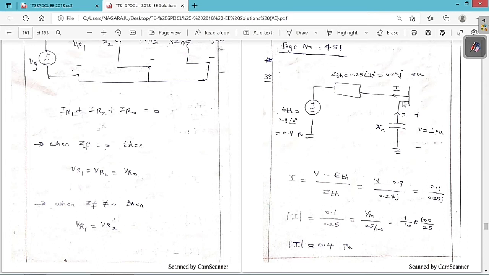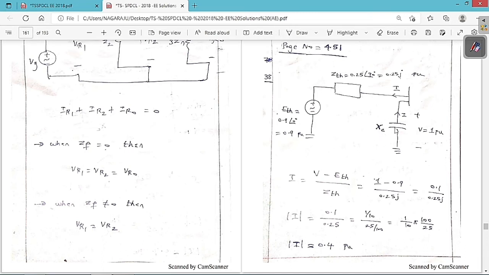Now across this bus we are going to keep a capacitor of reactance XC, so that the bus bar voltage is equal to 1 per unit. That means the voltage between this node and ground is 1 per unit. Now we have to find the rating of this capacitor.